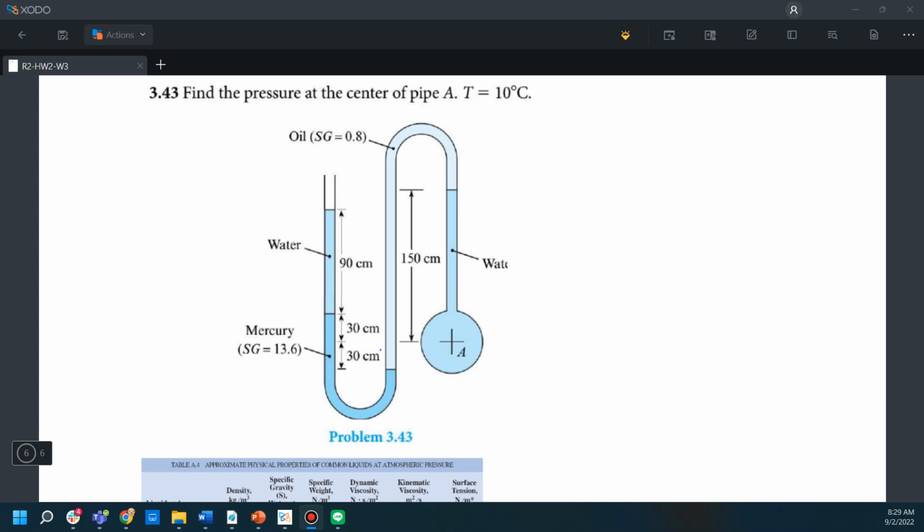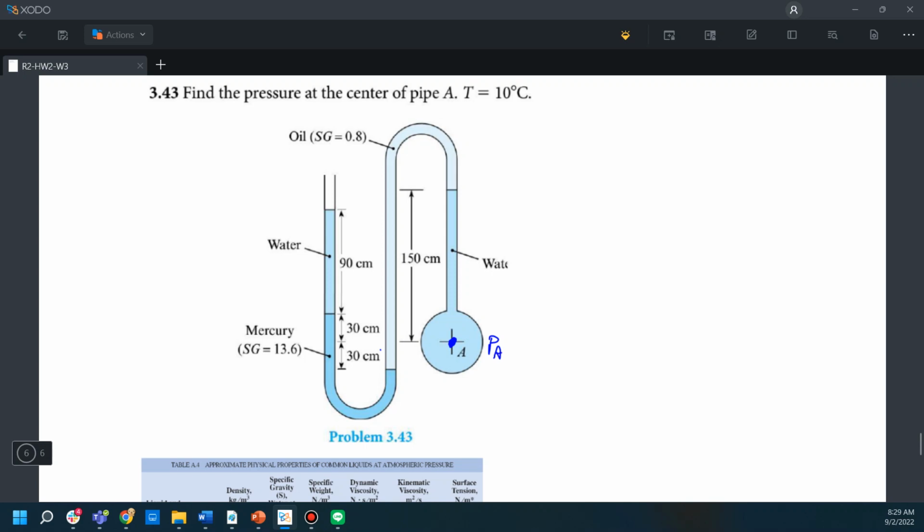Okay, so for this problem 3.43, we will still use the hydrostatic concept, but with a slightly more complicated problem. Let's start. The problem asks us to solve the pressure at the center of the pipe A, which is here, and I will denote it as PA.